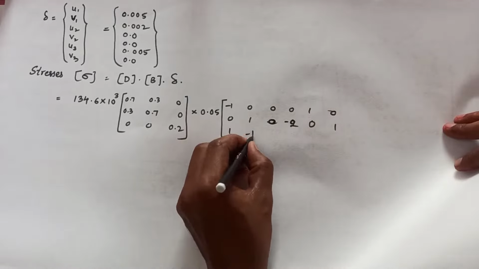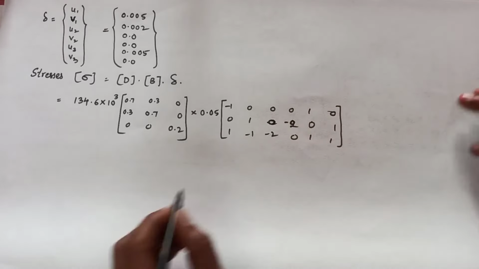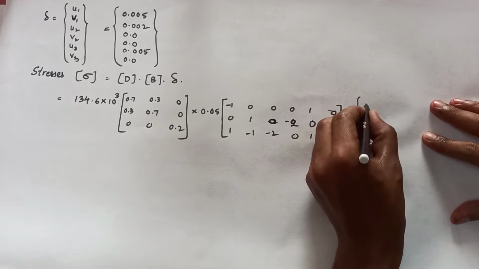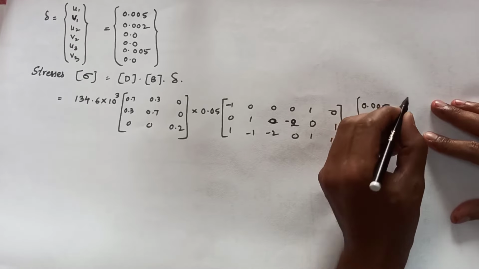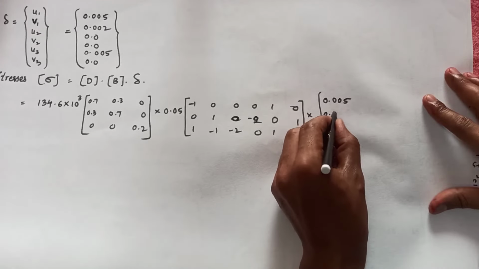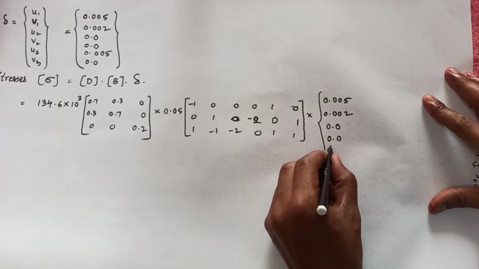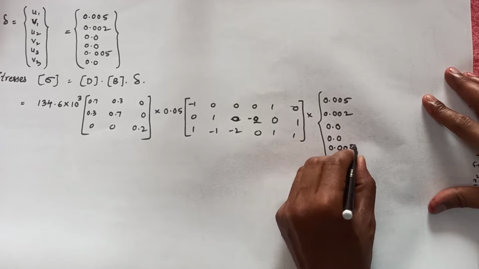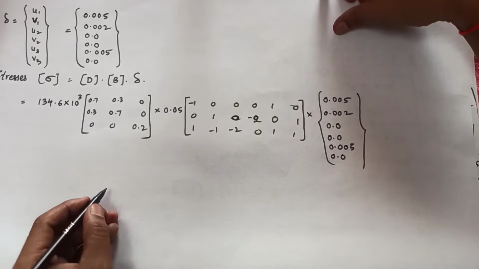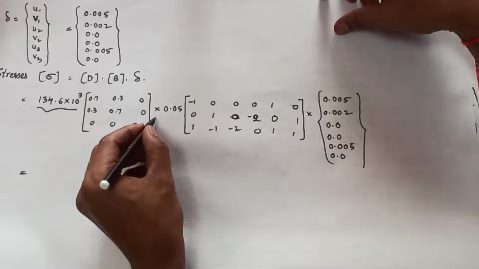So 1, minus 1, minus 2, 0, 1, 1 is the B matrix, multiplied by the displacement vector 0.005, next 0.002, 0, 0, 0.005, next 0. Now, okay, so let us take whatever the outside term.